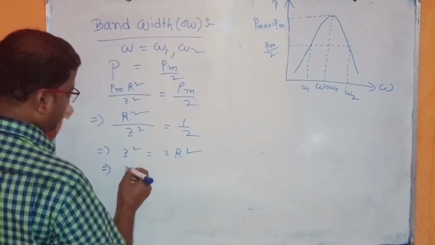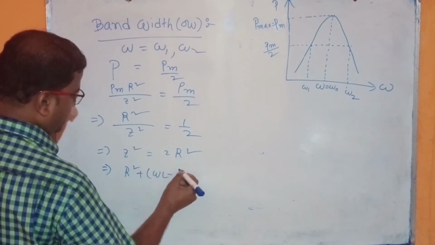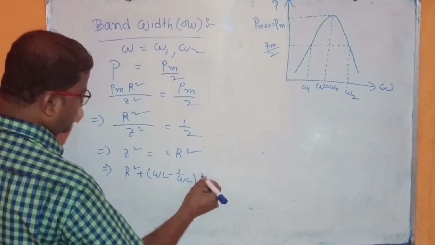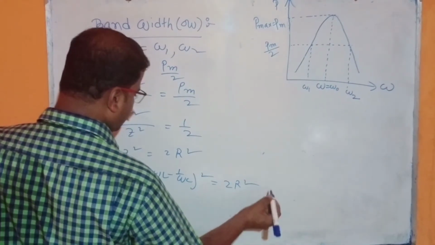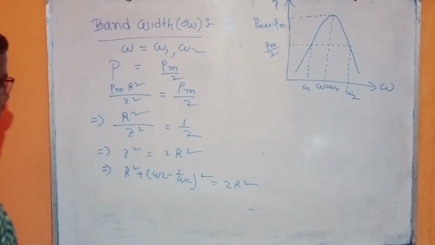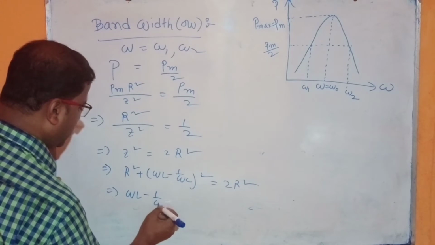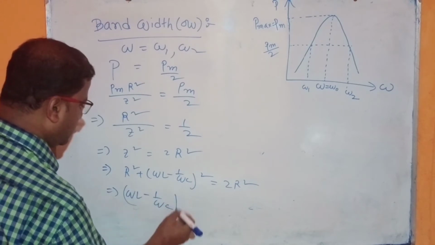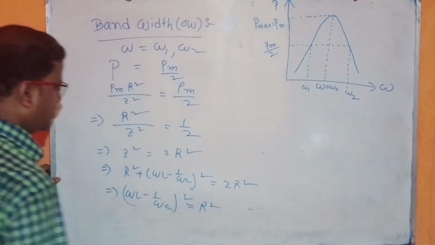Z square means R square plus (omega L minus 1 by omega C) whole square equal to 2R square, or we get (omega L minus 1 by omega C) whole square equal to R square.